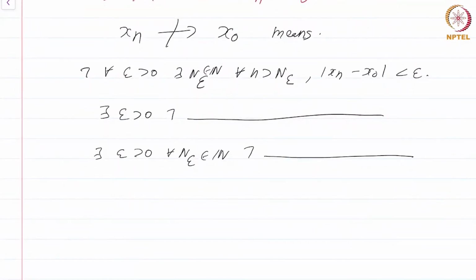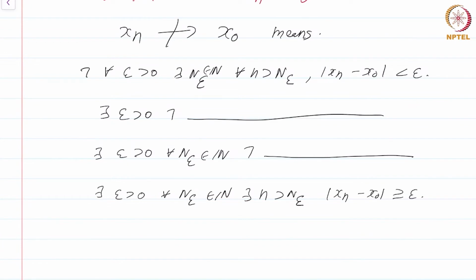That's fairly easy. We just repeat what we have written so far, and we change the for each n greater than n_epsilon to there exists n greater than n_epsilon. Then the final negation goes into mod x_n minus x naught less than epsilon; the negation of that is mod x_n minus x naught is greater than or equal to epsilon.